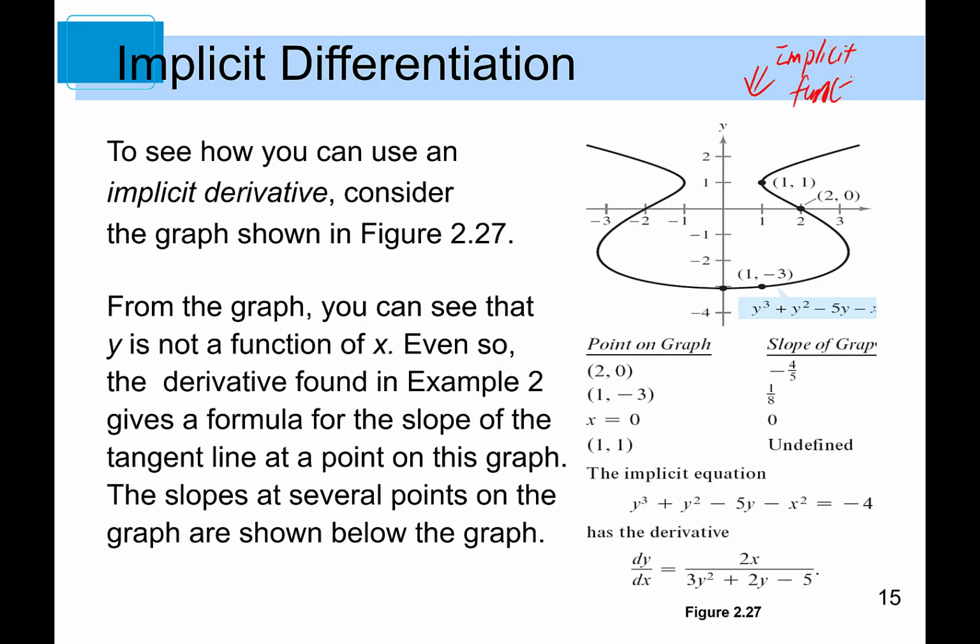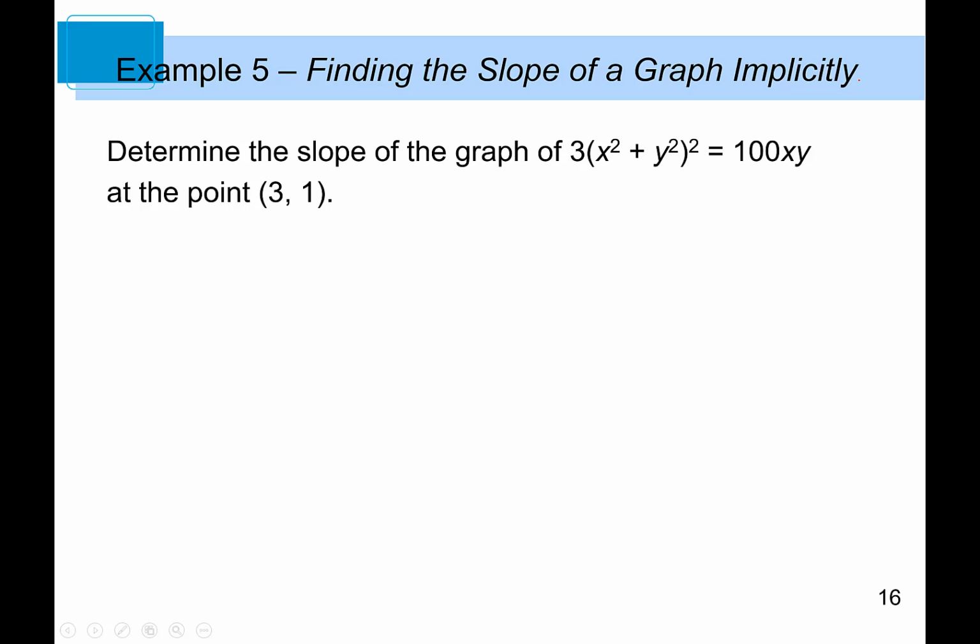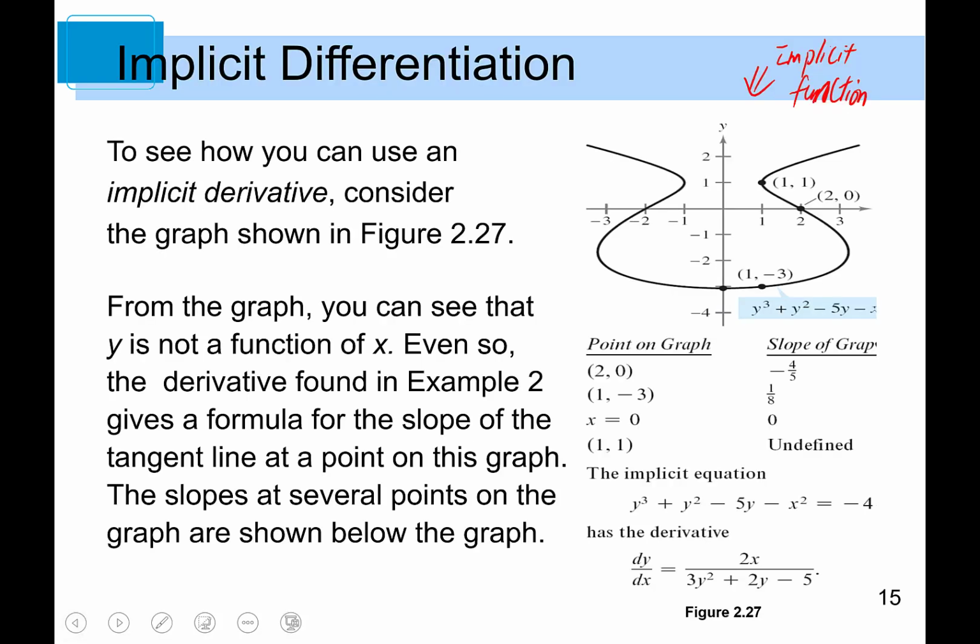The graph looks very unusual, right? I would say. From the graph, you can see that y is not a function of x. Even so, the derivative we found in example 2 gives us a formula for the slope of the tangent line at a point on its graph. The slopes at several points on the graph are shown below the graph.